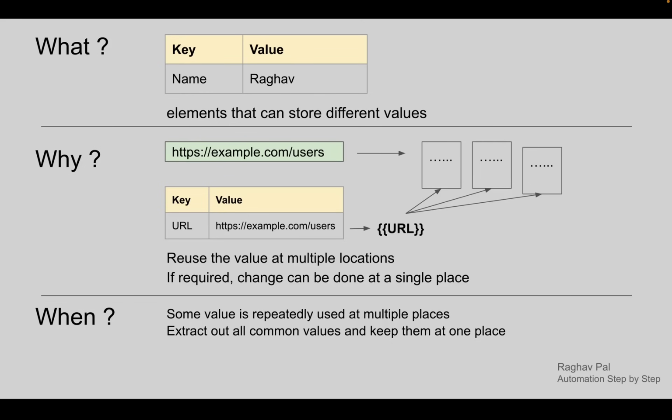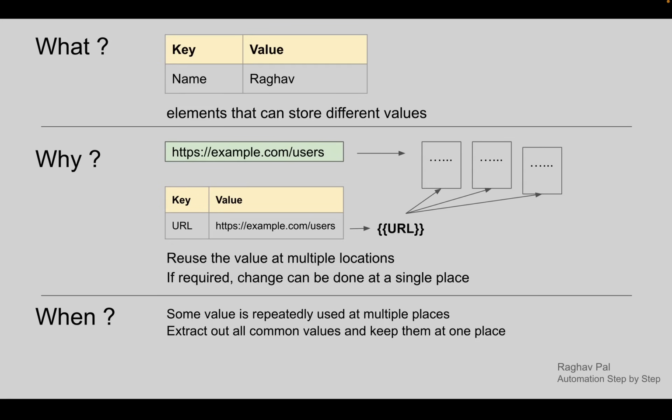Whenever we have some value which is used at multiple places and repeatedly, it is a good idea to extract out that value, externalize it and store it in a variable, and then refer to the variable wherever it is used, so that whenever we have any change, we can manage it easily, and it will make our work easy and efficient.